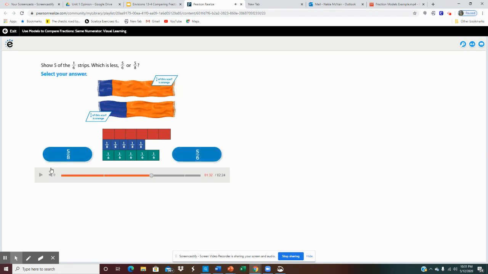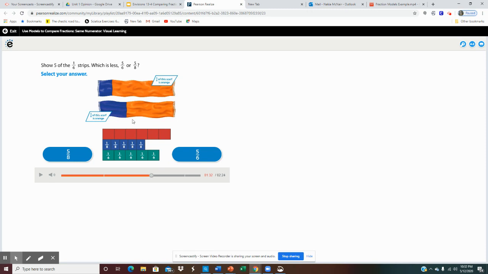Select your answer. Okay, so we have a choice between the two fractions to see which one is less, 5/6 or 5/8. If we look at the scarf model, we know that the top model showed us that 5/6 of this whole scarf was orange.